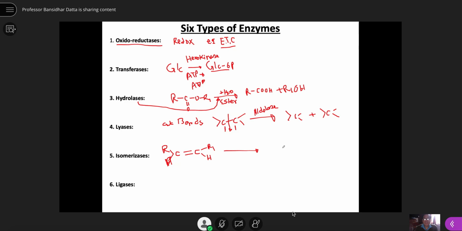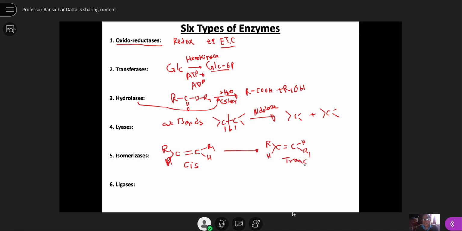Tell me, what is the configuration of this molecule? And it is changing to this, H and R1. Come on, you already know this. So this is a cis, both hydrogens on the same side, right? Cis, and this is the trans, cis and trans.